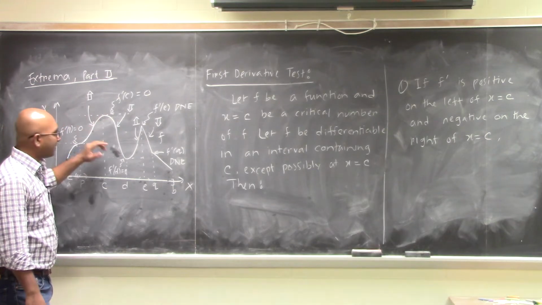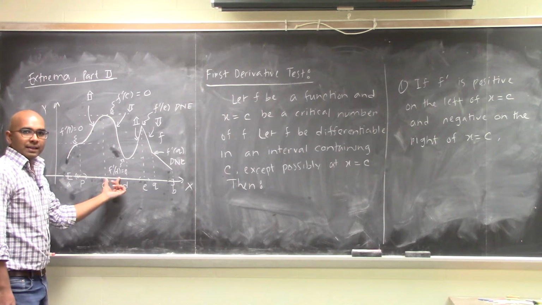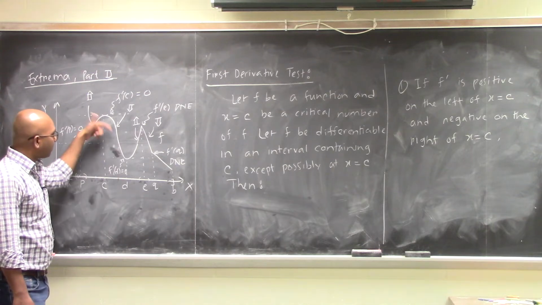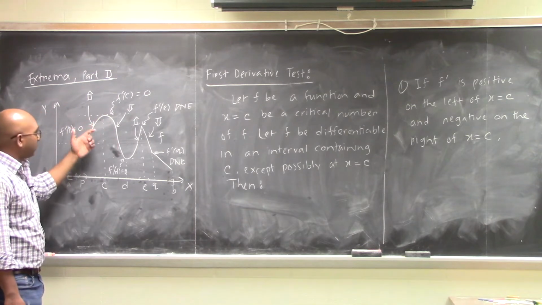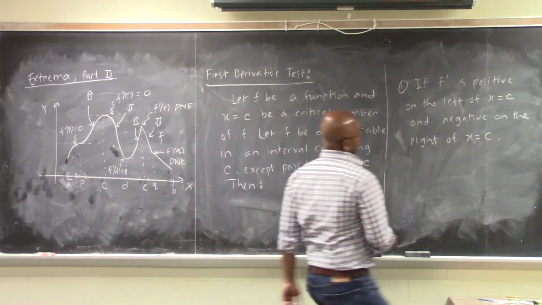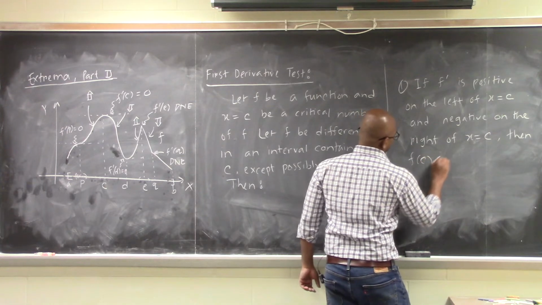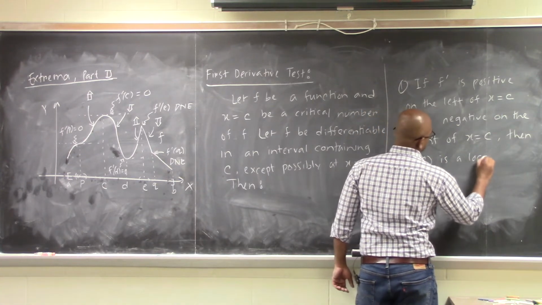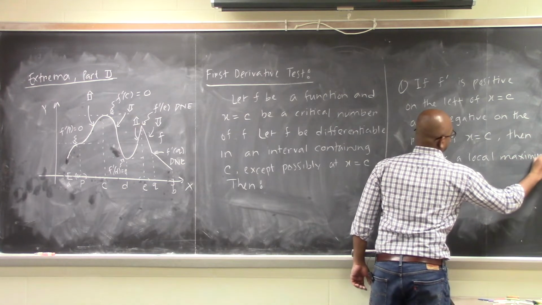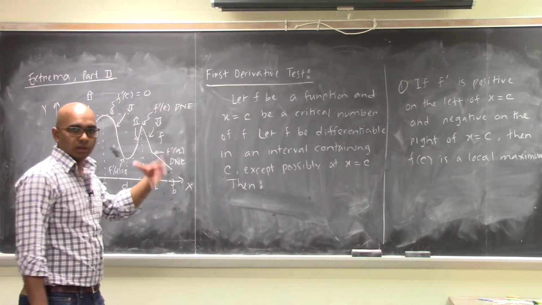And since f prime is negative on the right side on this interval, then again by that same proposition the function is strictly decreasing on the right side, and therefore f of c is a local maximum. That is number one, and we'll write the same thing for the local minimum.